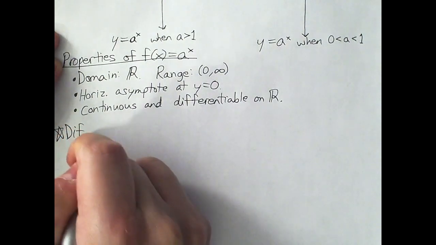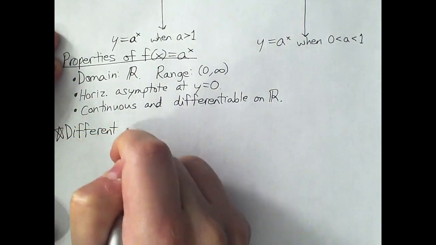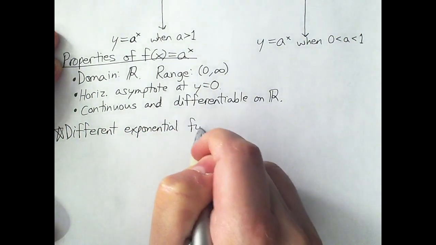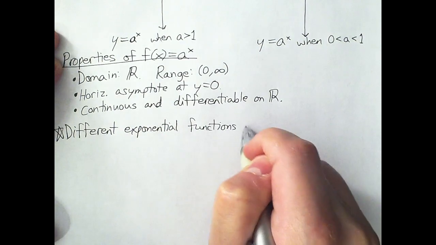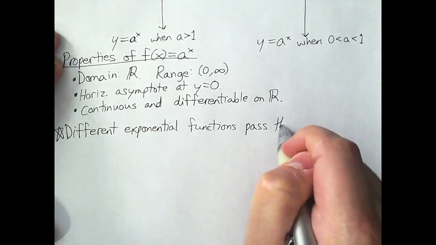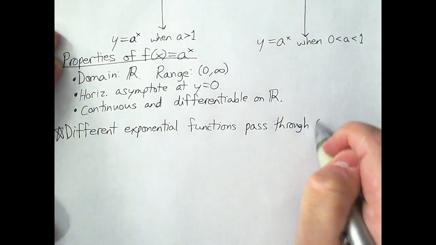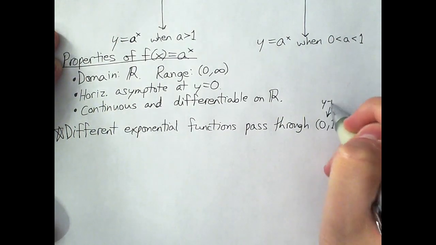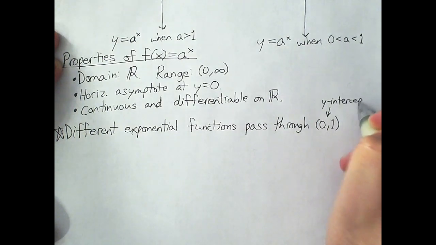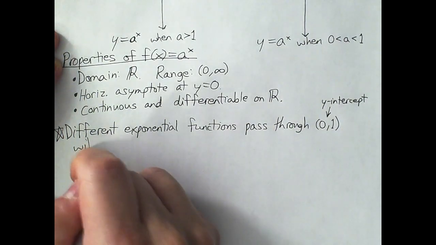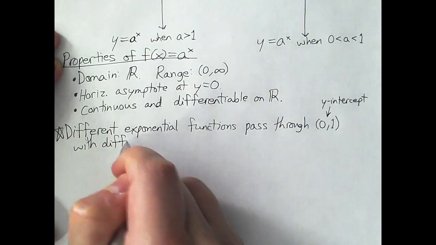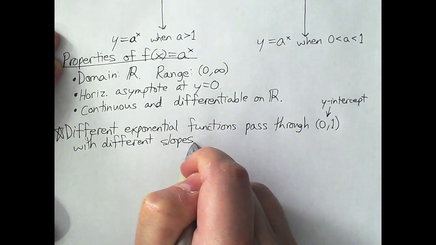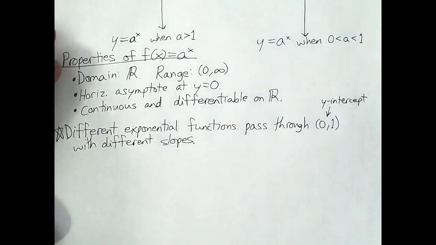Now, one thing that you may have learned is that different exponential functions pass through the y-intercept with different slopes. All right, let's think about this sentence.